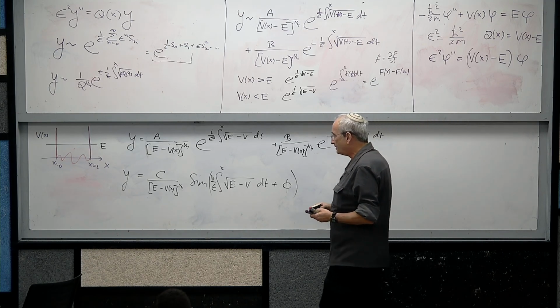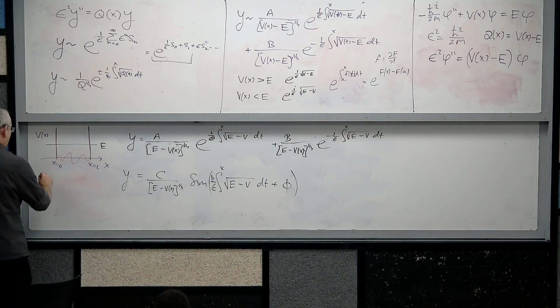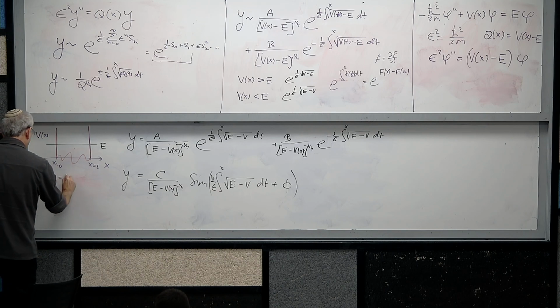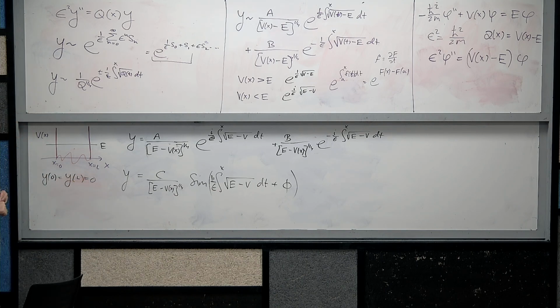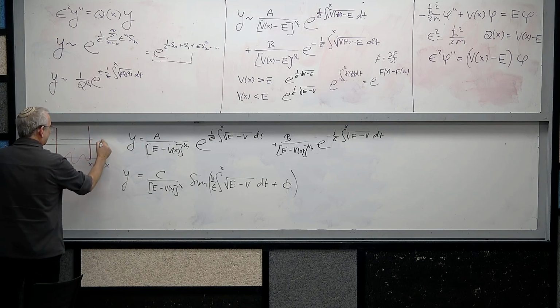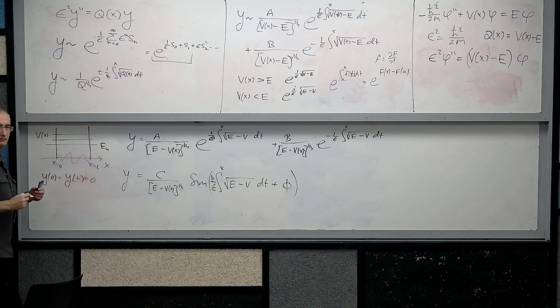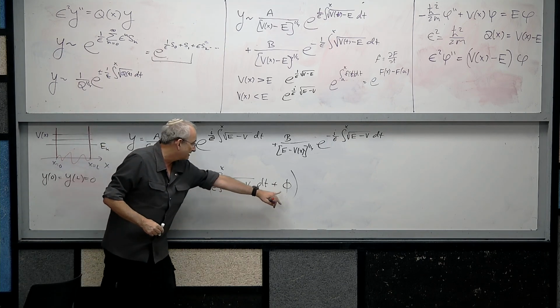I want y of 0 to be equal to y of L to be 0. And now the question is, what are the allowed energies? I have E_n, I have many energies. What are the allowed energies that satisfy the boundary condition? Okay, this is very easy because it involves not this part of the expression, but only that part.